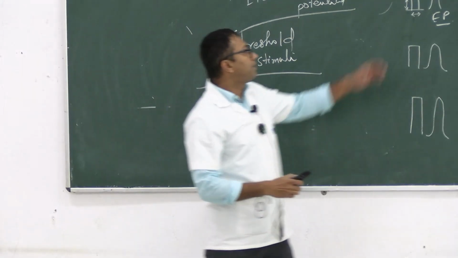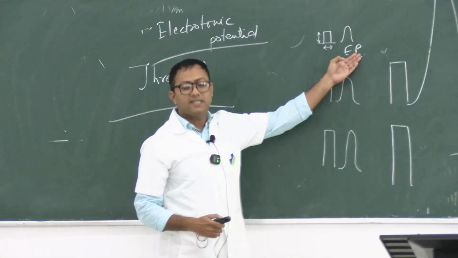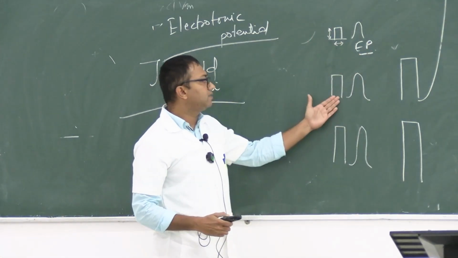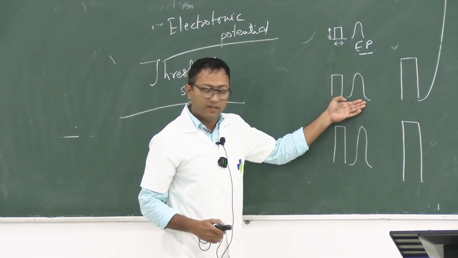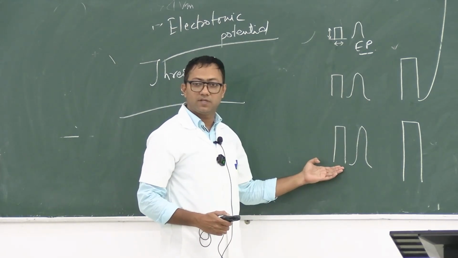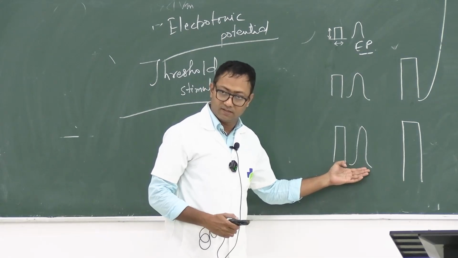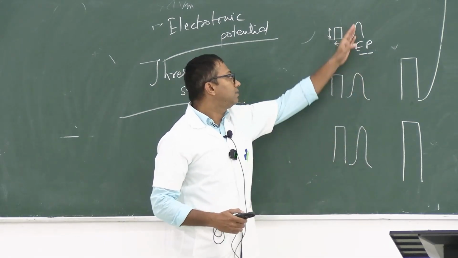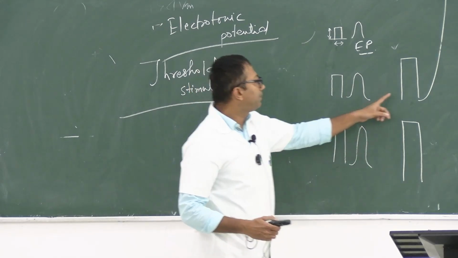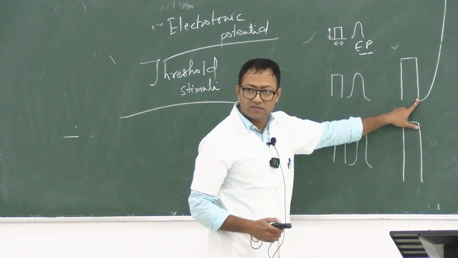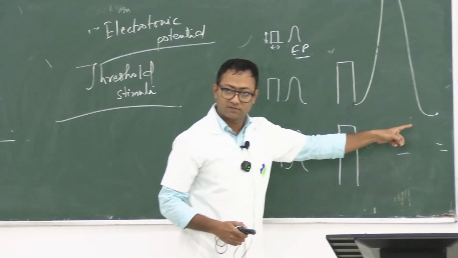Okay, so you apply a stimulus, you get electrotonic potential. You increase the amount of stimulus, you get a greater EP. Again you increase the stimulus, again you get an EP, but the height of EP is increasing gradually. Now you apply this much stimulus and you get action potential.